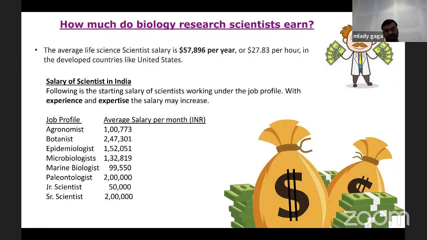This is the kind of salary scale, but it can be increased, and depends on your experience, your quality, the need of the system and so on. So this is the fundamental, overall, how much you can earn.